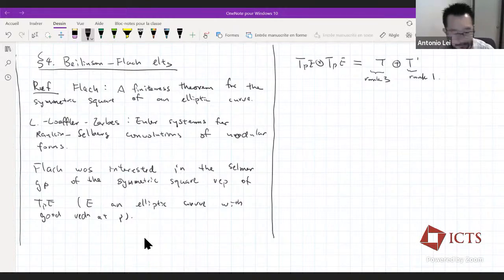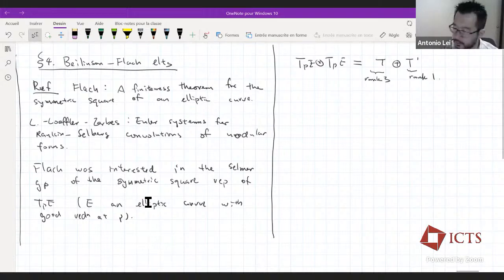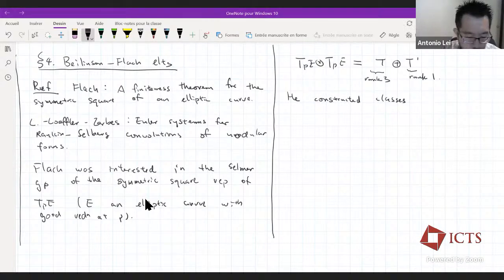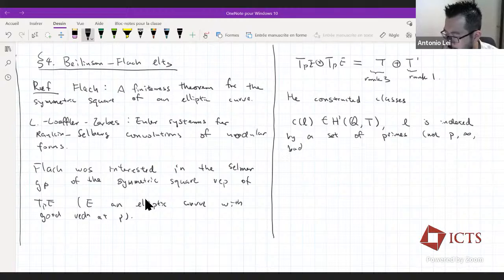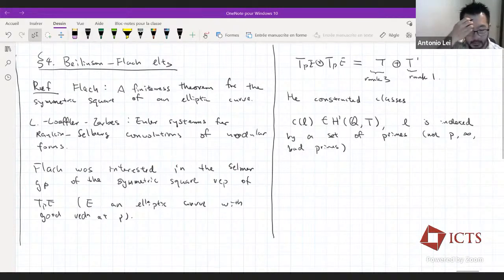And to study this representation, he constructs classes which I will denote by c_l. They will be elements in H^1, where l is indexed by some set of primes, not p, not the infinite prime, nor the bad primes.